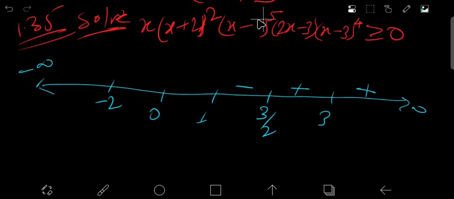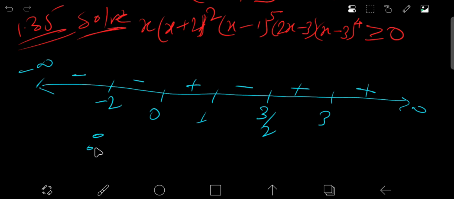Now here we see x minus 1, the power is odd, so the sign changes. And x is 0, and the power is odd, so the sign changes here. And this one has power 2, which is even, so the sign stays. Now we take only greater than or equal to 0.